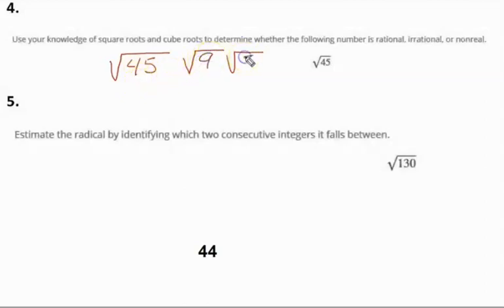9 times 5. So now the square root of 9 is 3, and we have the square root of 5.